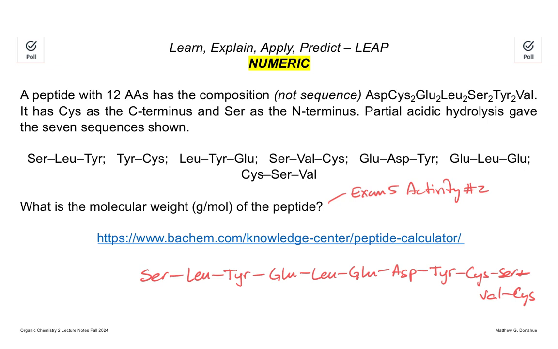So I'll give you a minute or two to shove that sequence in there, and then you can tell me what the molecular weight of the peptide is. So for N-terminus, I think you have to pick NH2 and C-terminus CO2H.